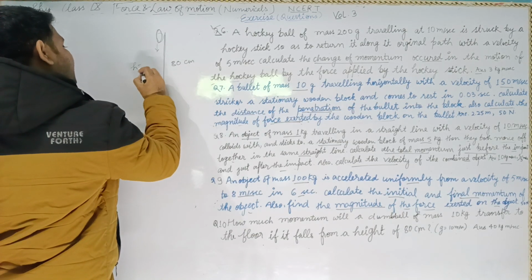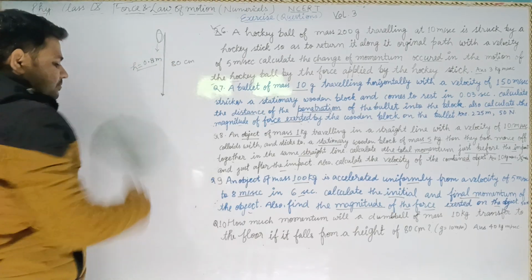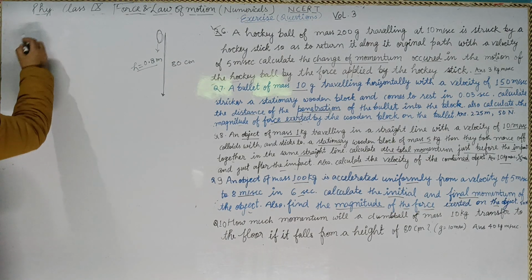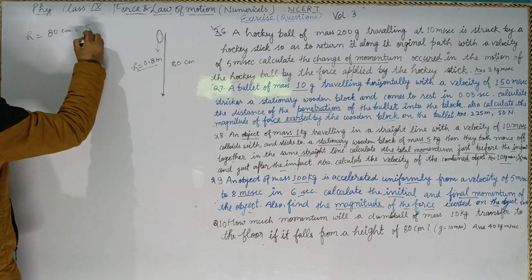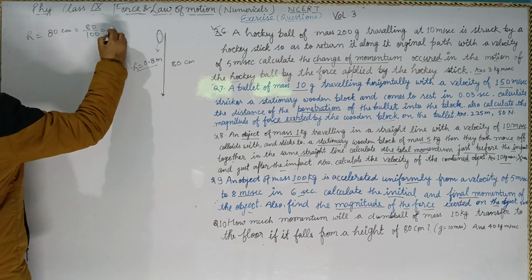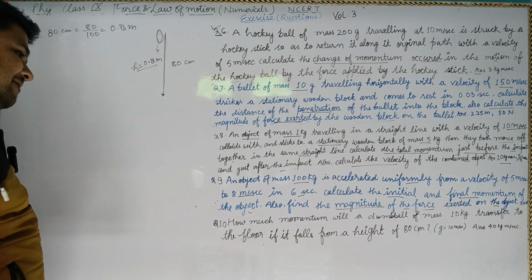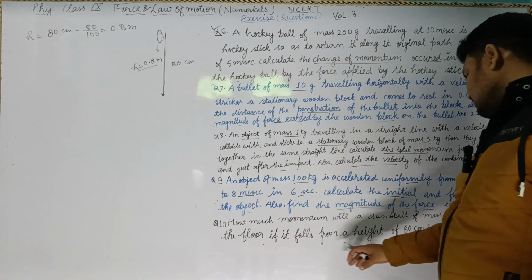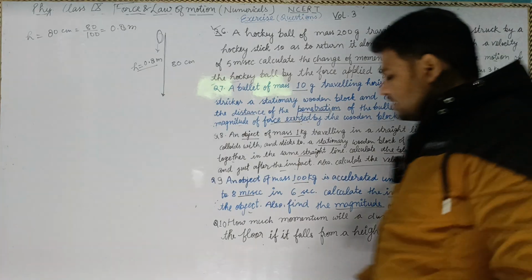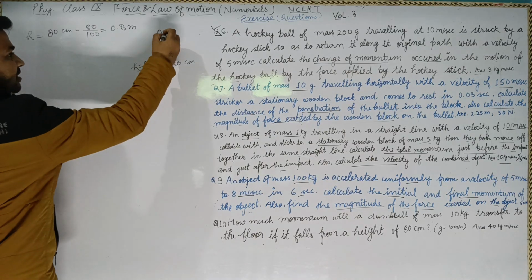So height is given h equal to 80 centimeter or 80 upon 100 is equal to 0.8 meter. It falls under gravity.